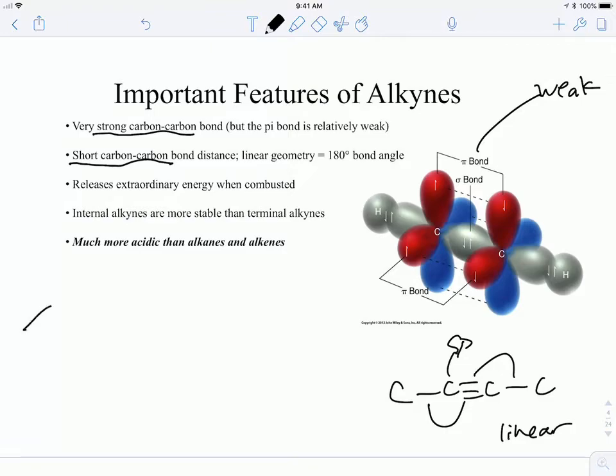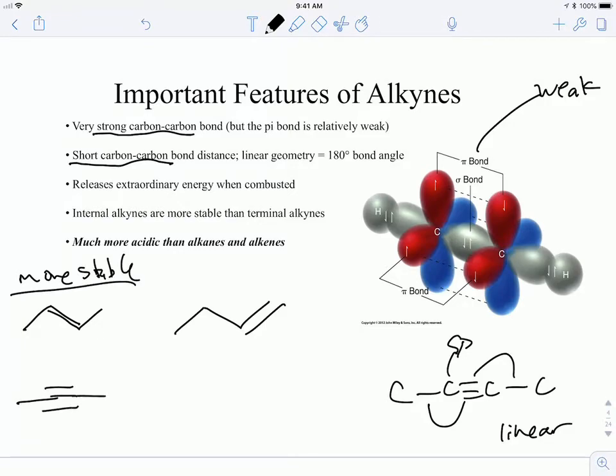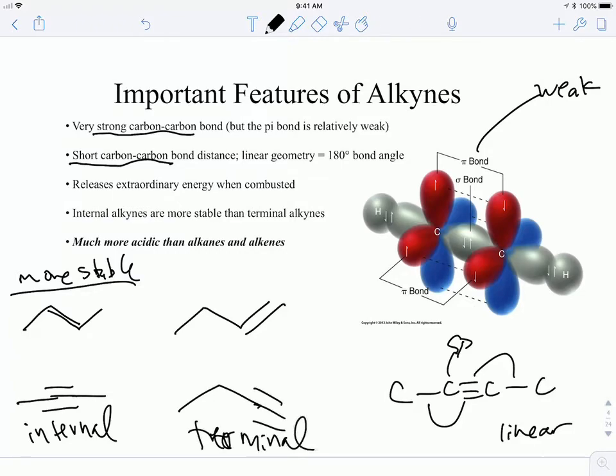And just like alkenes, this di-substituted alkene is going to be more stable than a mono-substituted alkene, so this is more stable. Same thing goes for alkynes, so this is called an internal alkyne, and that's going to be more stable than your terminal alkyne because it's more substituted.